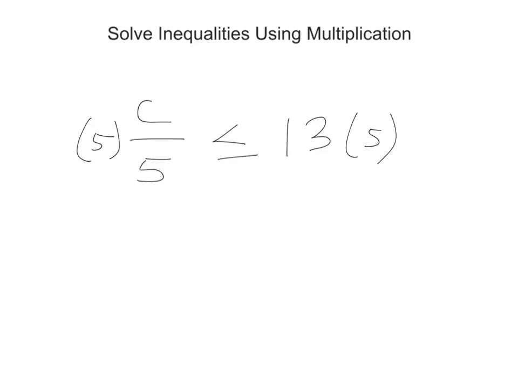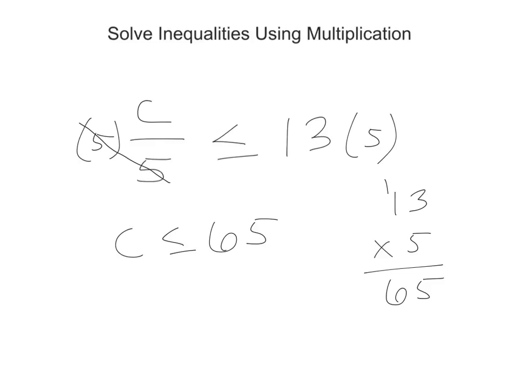Remember, just like in equations, whatever we do to the left side of the inequality, we have to do to the right side to keep this balanced at all times. So we know that multiplication is going to cancel out the division, and then we just simply do 13 times 5, which gives us 65. So we say c is less than or equal to 65.